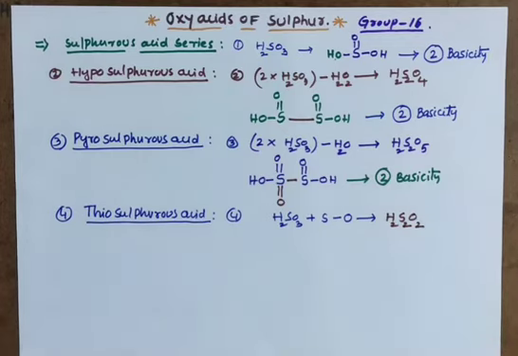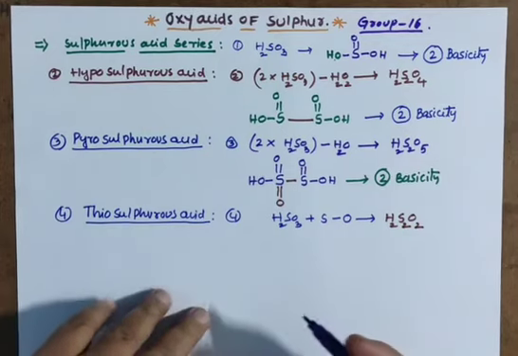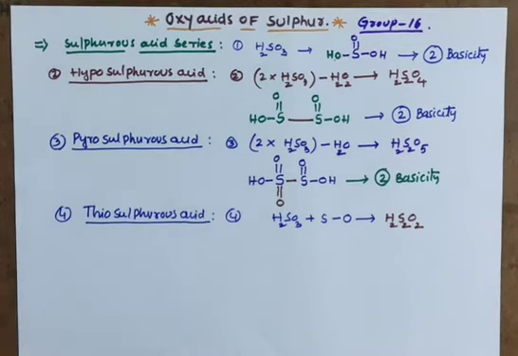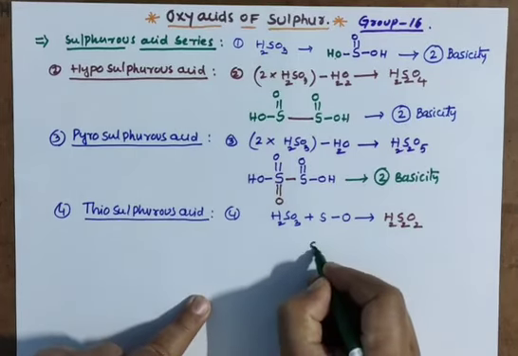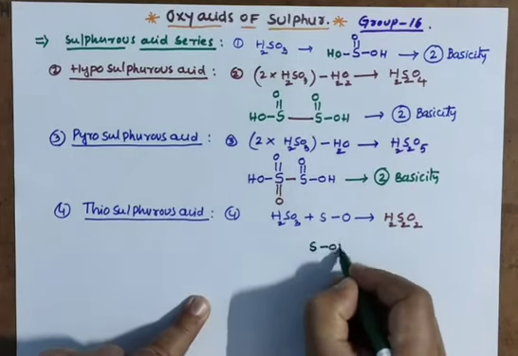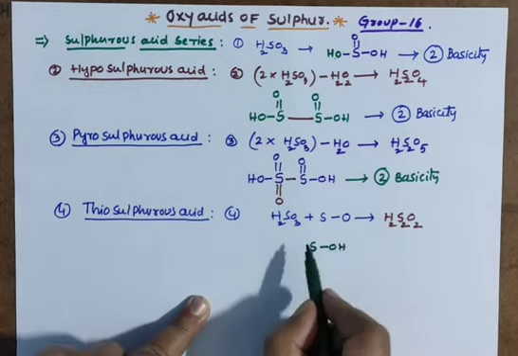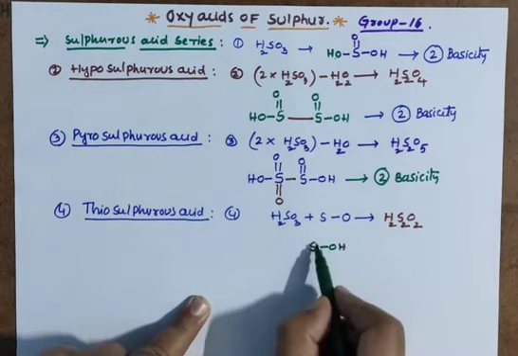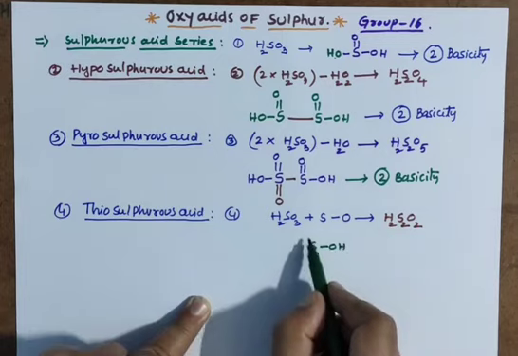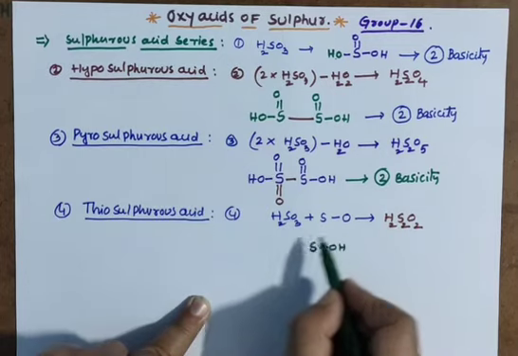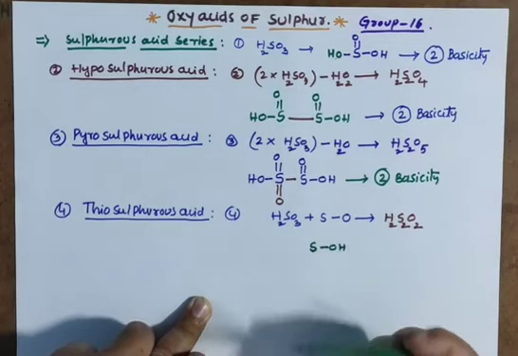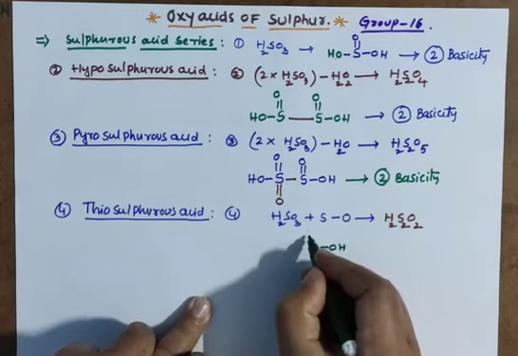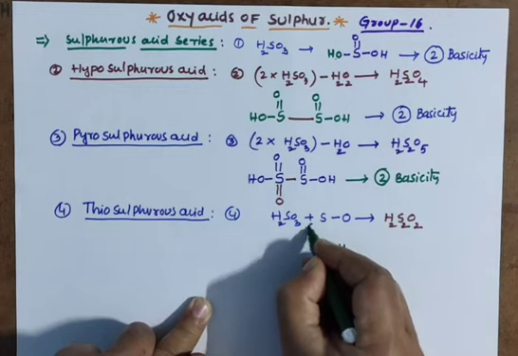Now the structure. What basic unit did I give? Sulfur central atom, OH group. I told one double bond O, meaning S double bond O, but we added one sulfur here and removed one oxygen. So where we removed the oxygen, we have to write sulfur.